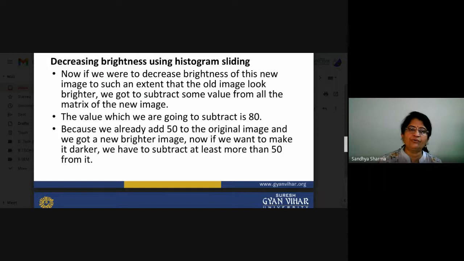If we want to make it darker, we have to subtract at least more than 50 from it. So if you want to convert your image to a darker one, you have to subtract more than 50, so that your image is shifted to the darker areas.